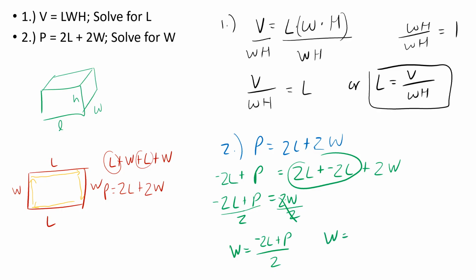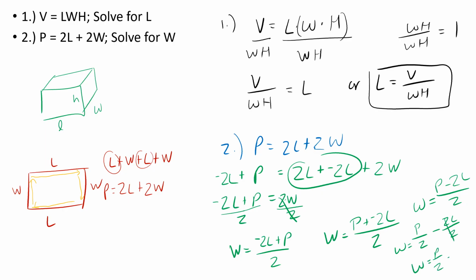If you had done the subtracting on the other side, you might have it written as P plus negative 2L, or as P minus 2L. You could also split it up and do P over 2 minus 2L over 2. And then that would cancel out and you'd have P over 2 minus L.